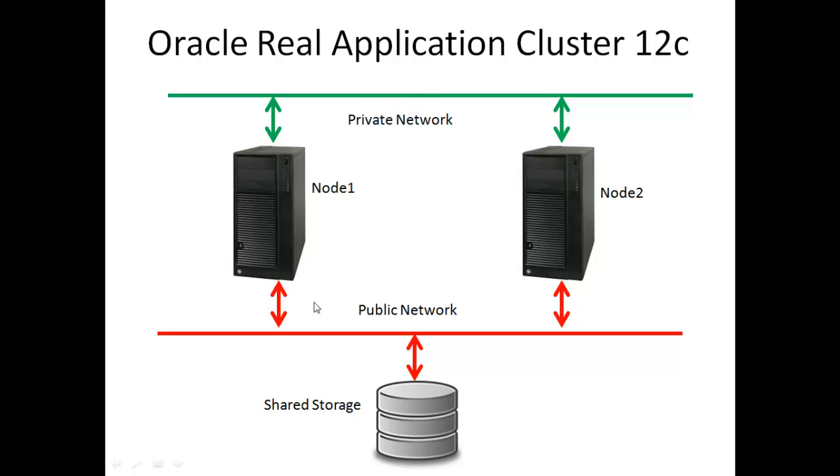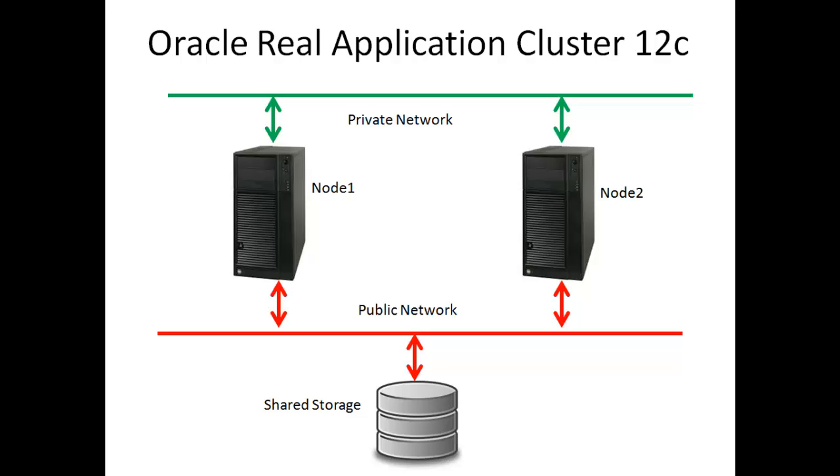In this architecture, each standalone server is teamed up to create a Real Application Cluster which shares a shared storage media. So here we need a private network which is not related to the public network, which is of a different network IP from the public, but here the nodes can communicate between themselves with this private network.